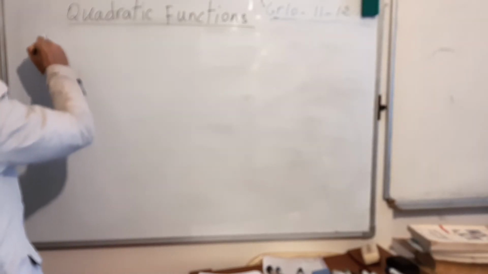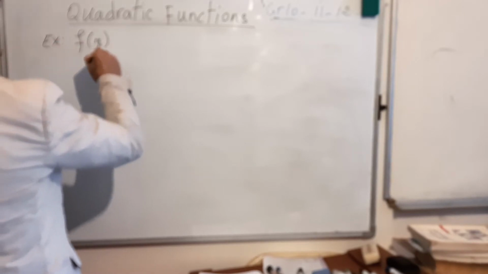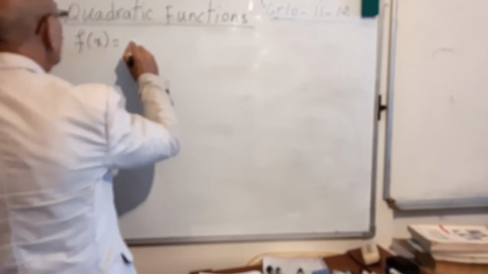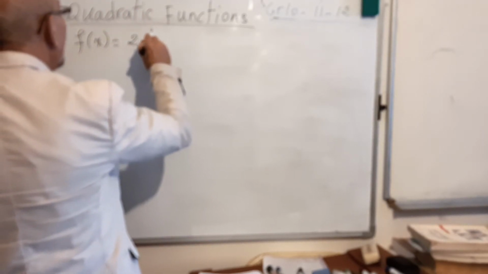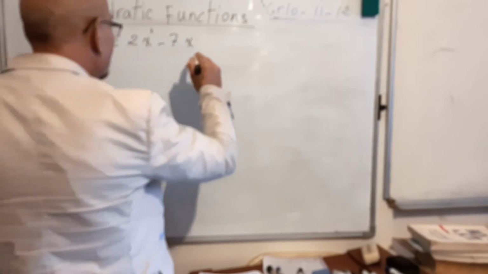Consider the function f of x equal 2x2 minus 7x minus 4.